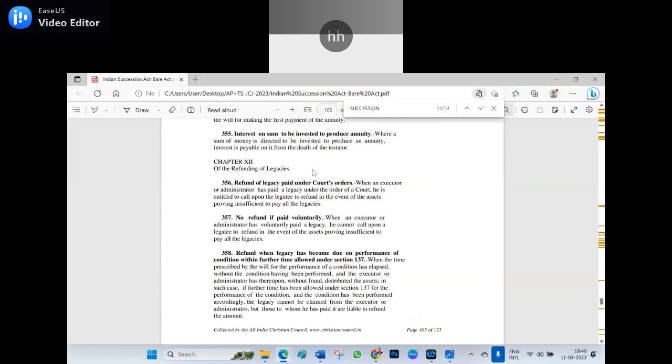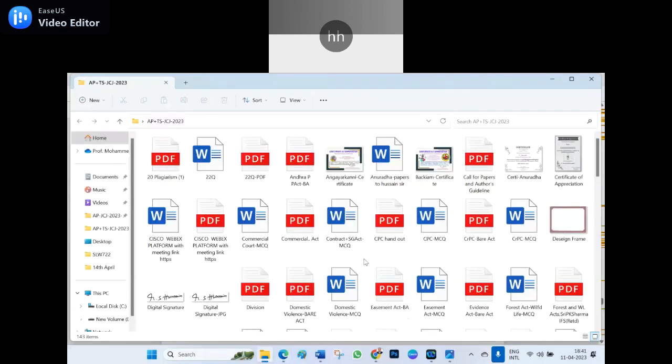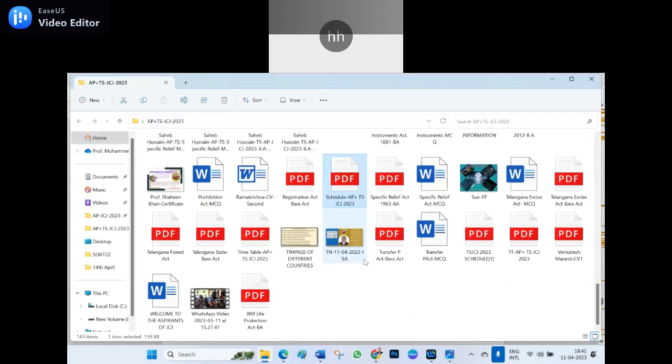Suppose no amount is left after distribution to the legal heirs; legatees are not going to get anything. Are you following me? Yes, sir. So such questions can be asked in the examination. Is it clear?